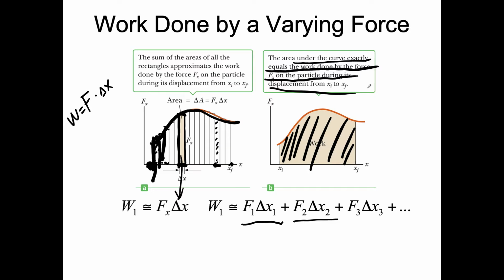So if we plot the force on the y-axis and the position on the x-axis, then we have a curve for force versus position, and the area under this curve gives us the work done by this varying force.